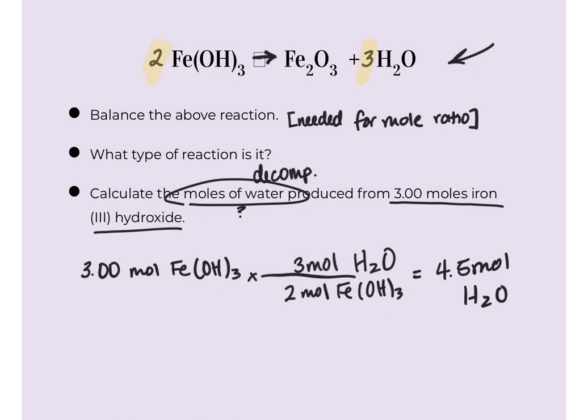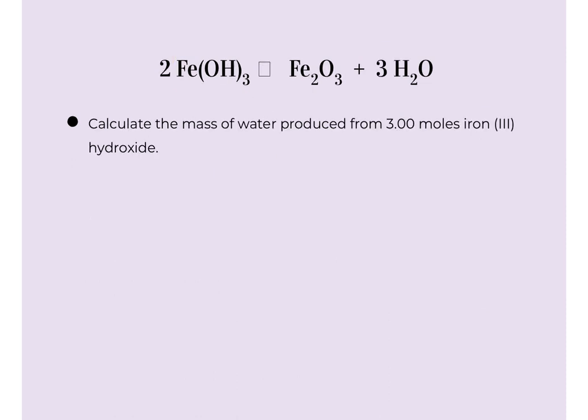But what if I want to actually be able to calculate that into grams? In the previous problem, we had 4.5 moles of water. I want to know the mass of water that's produced, so I don't want to just stop. We're going to have the exact same setup as before, where we have the 3 moles of the iron hydroxide.